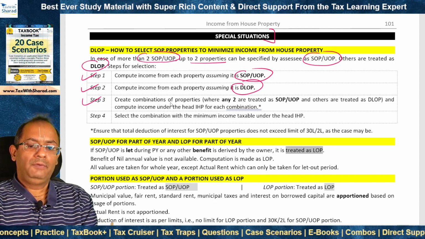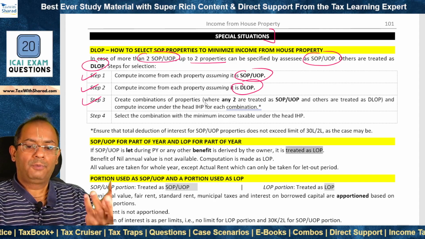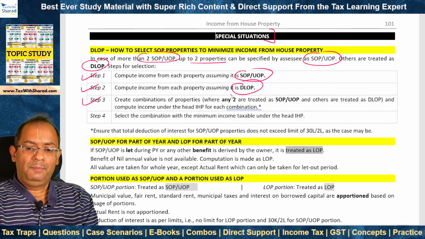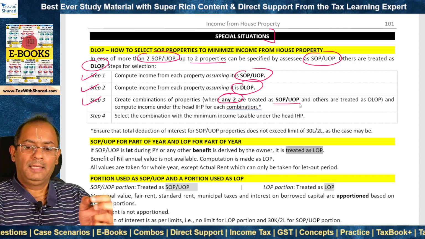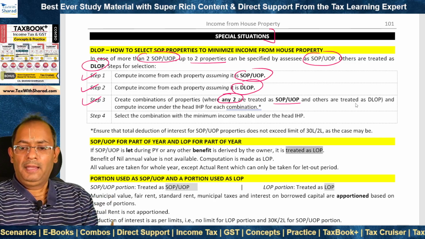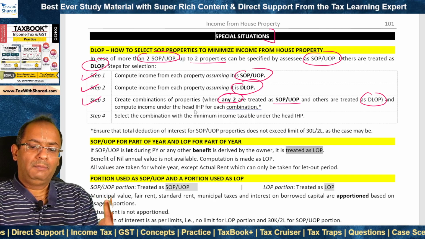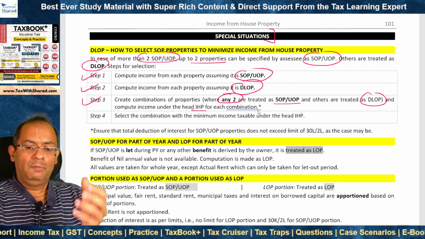Then in step 3, we create combinations of properties where in each combination we take any 2 property as SOP or UOP and we take the others as DLOP. And then we compute income under the head IHP for each such combination.